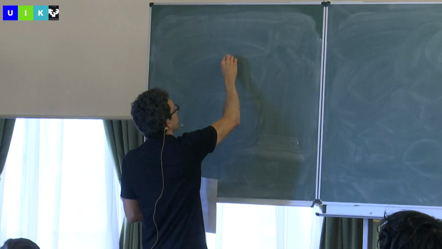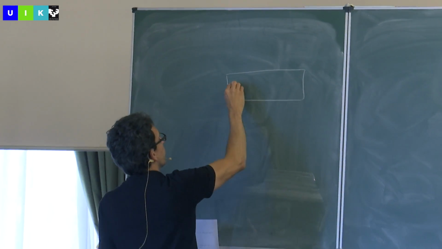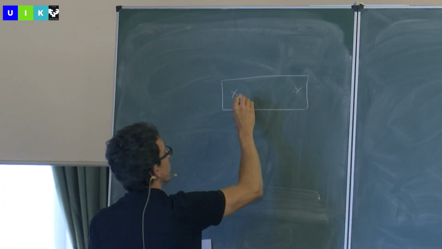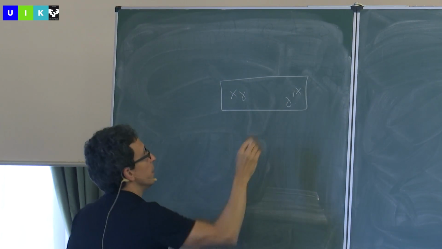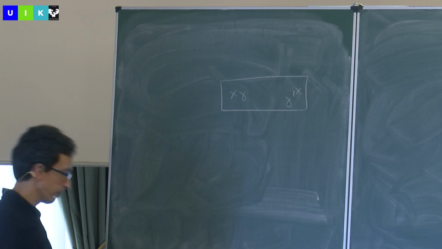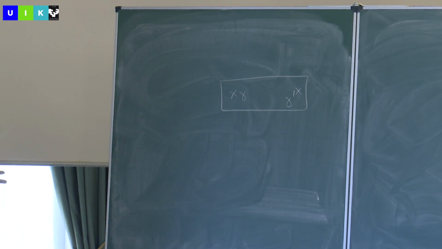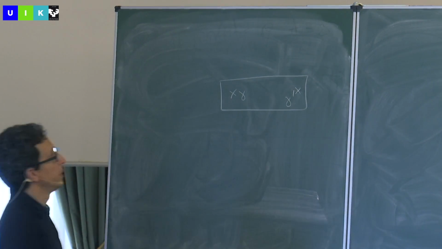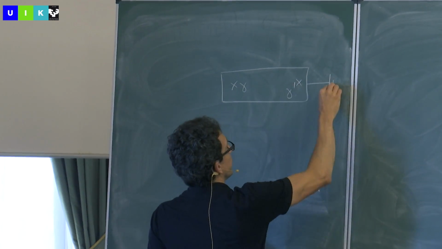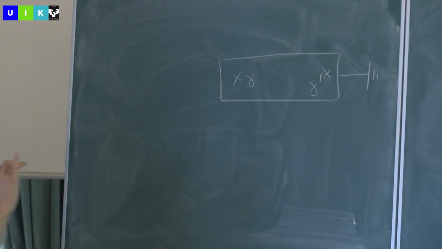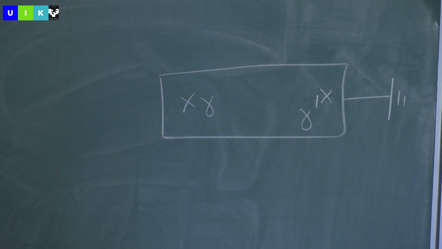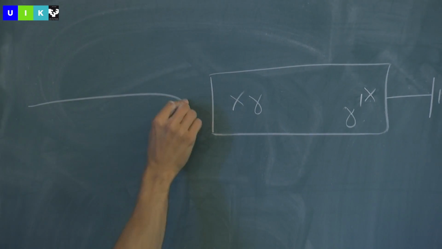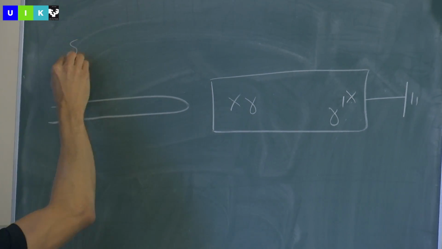Let's suppose you have a topological superconductor with Majorana zero modes, which I'm going to call gamma and gamma prime. It doesn't matter whether this is a 1D or 2D topological superconductor. Except for the Majorana zero modes, I'll assume the superconductor is gapped. We'll connect it to ground. Then I'd like to take a spinless lead.